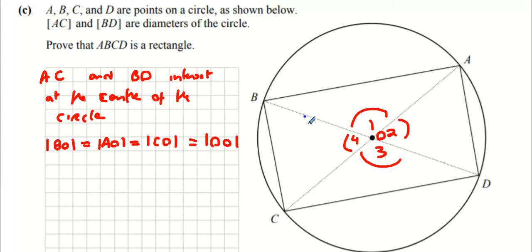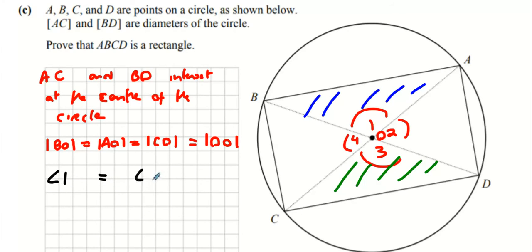Okay, so I want to prove that the blue triangle is equal to the green triangle first. So I'm going to try and prove that blue equals green. So what we're going to go for is angle 1 equals angle 3, reason being vertically opposite.